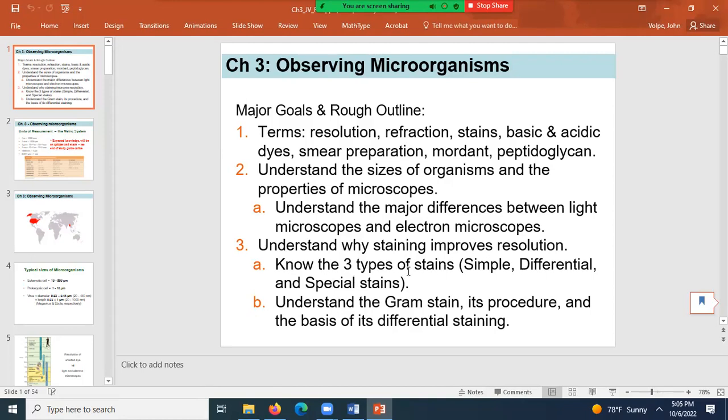We'll talk about each of these 3. And then lastly, we won't cover this today, but in our next class we're going to discuss the Gram stain, and you need to understand its procedure and the basis for its differential staining. Any questions about what we're doing?